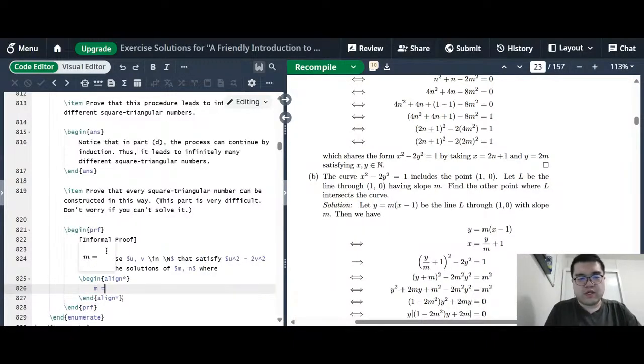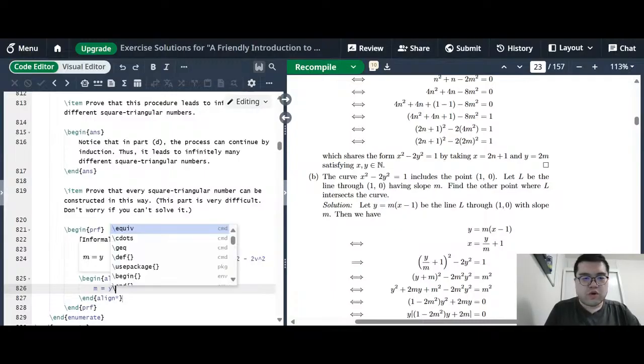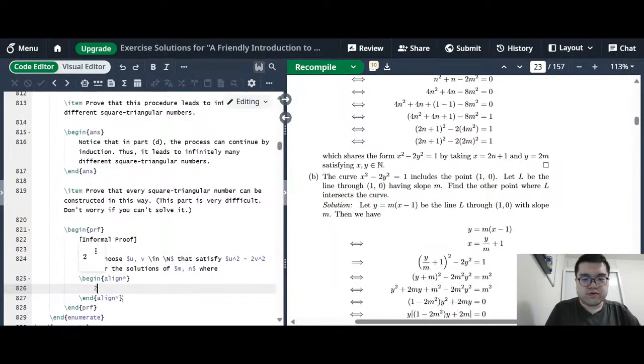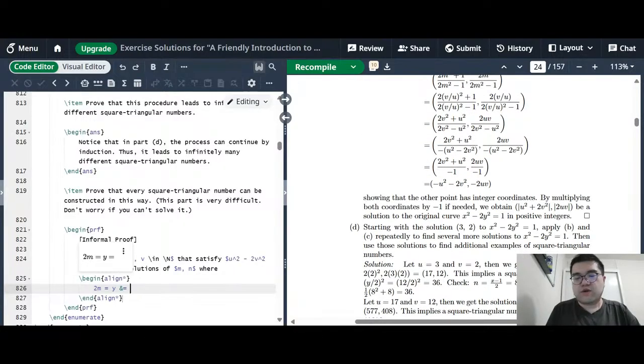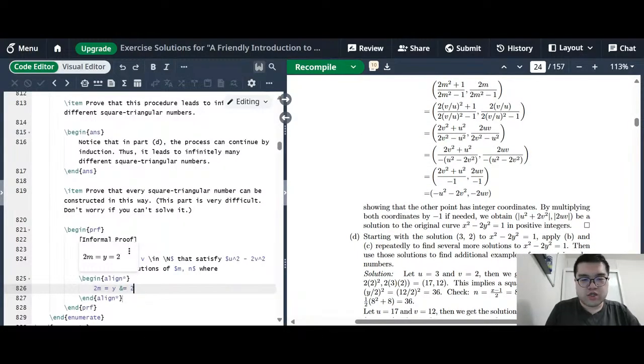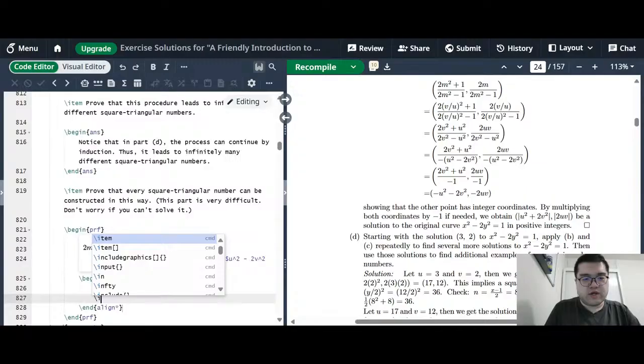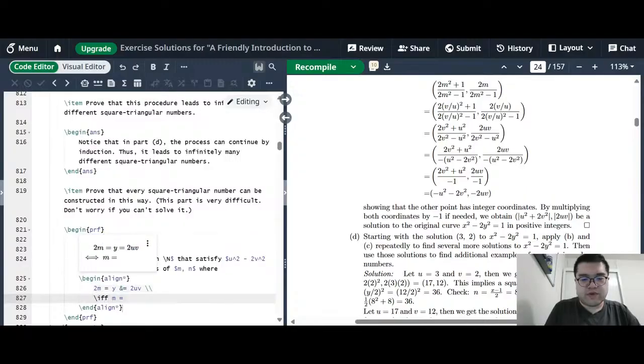m is equal to, or 2m is going to be equal to y, which is equal to, and again, what's our y value? y is going to be our 2uv, if and only if m is going to be equal to uv.